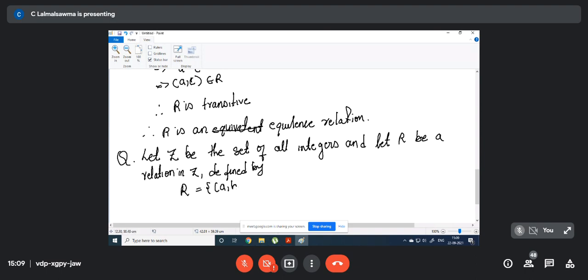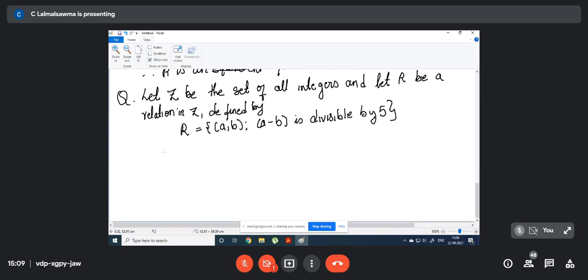The difference will not be very much. Earlier, a minus b is even meant a minus b is divisible by 2. Now it will be a minus b is divisible by 5, so that R is an equivalence relation.